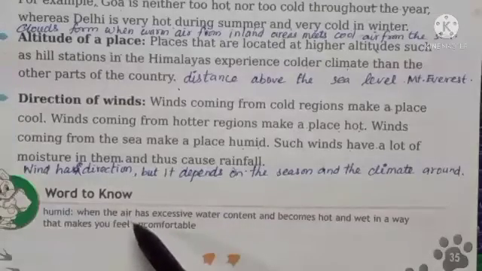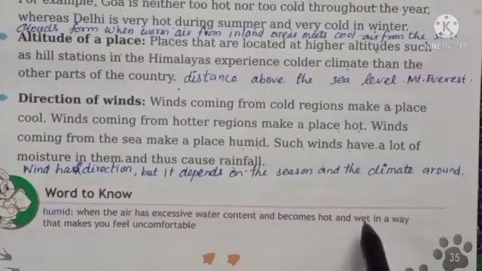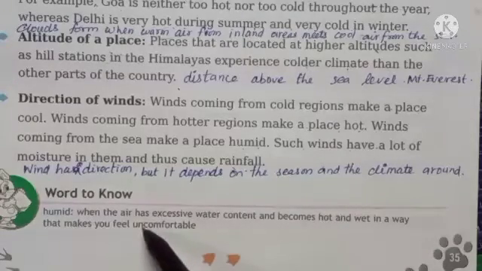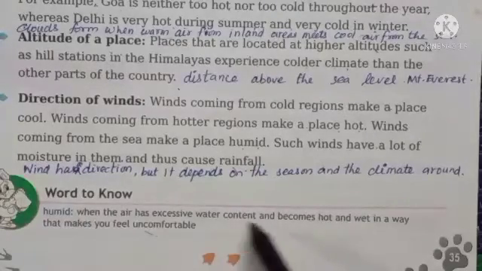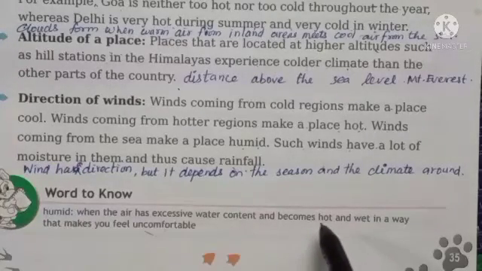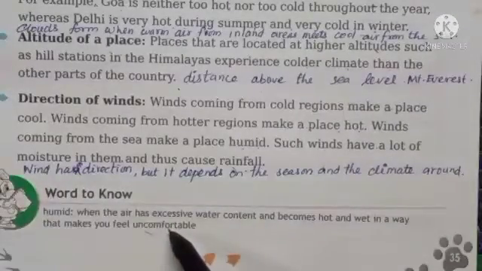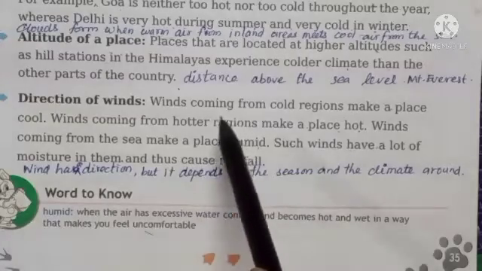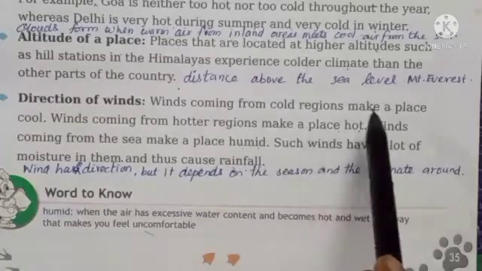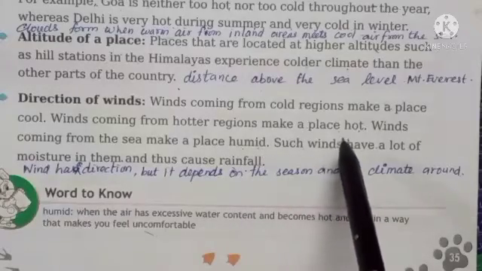When the air has excessive water content and becomes hot and wet in a way that makes you feel uncomfortable, we can experience both hot and wet. That is very uncomfortable. So that type of wind is there. Winds coming from cold regions make a place cool. Winds coming from hot regions make a place hot.